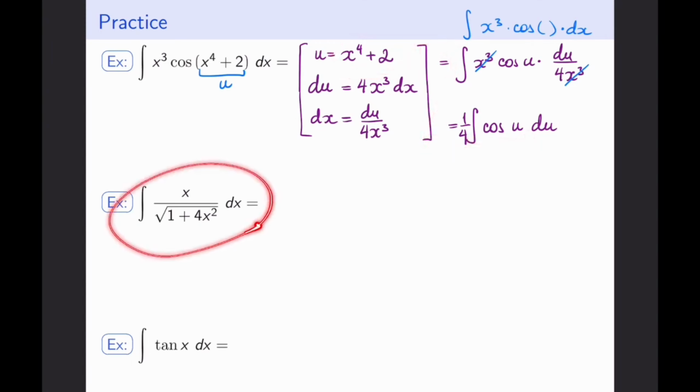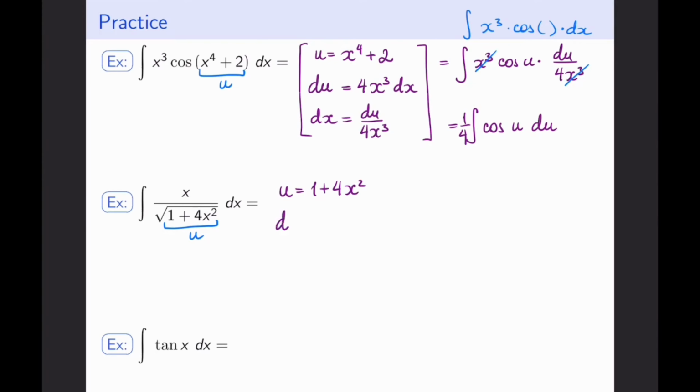Let's take a look at this next integral. What should I make u? Well, here it's kind of the same problem as on the last example, where the square root has something on the inside and we cannot break it apart. So we will try to make the inside of that entire square root to be our u. And then what is it going to be in terms of du?